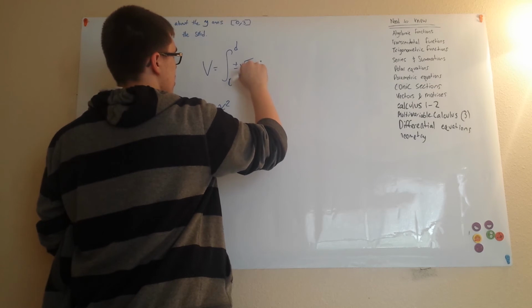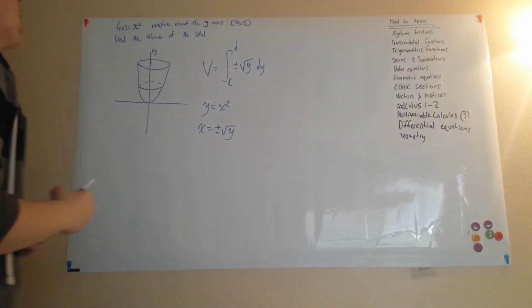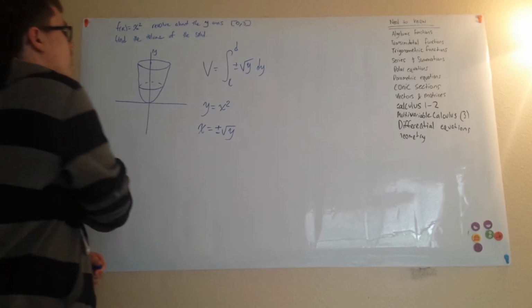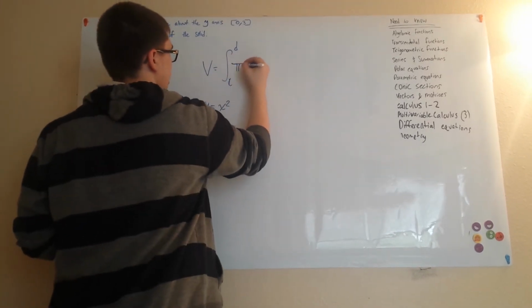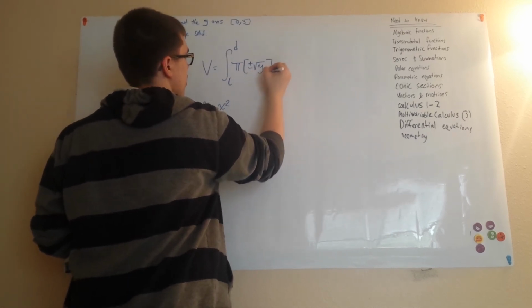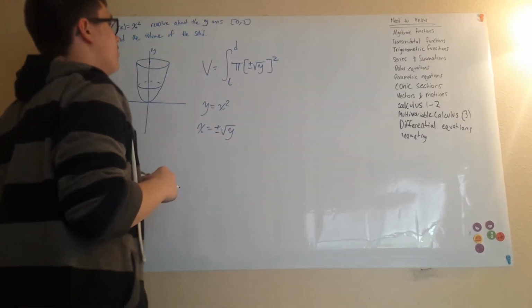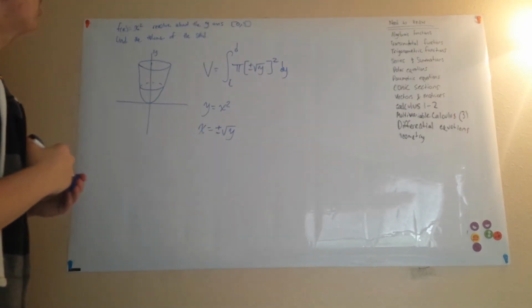So if I do that dy, pi times the plus or minus square root of y squared dy. That's going to happen.